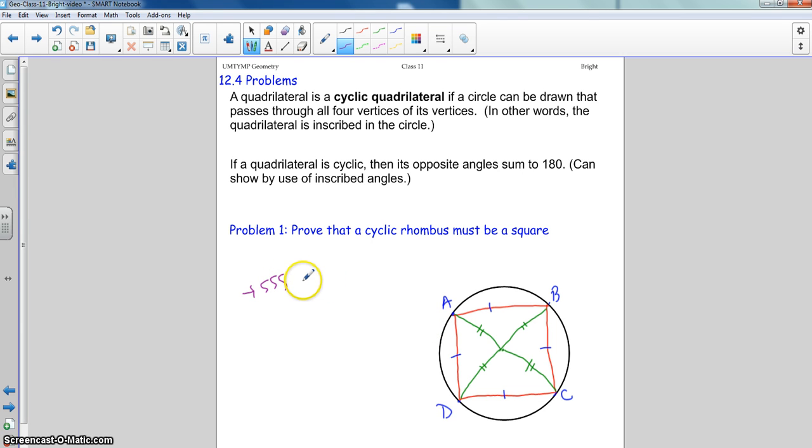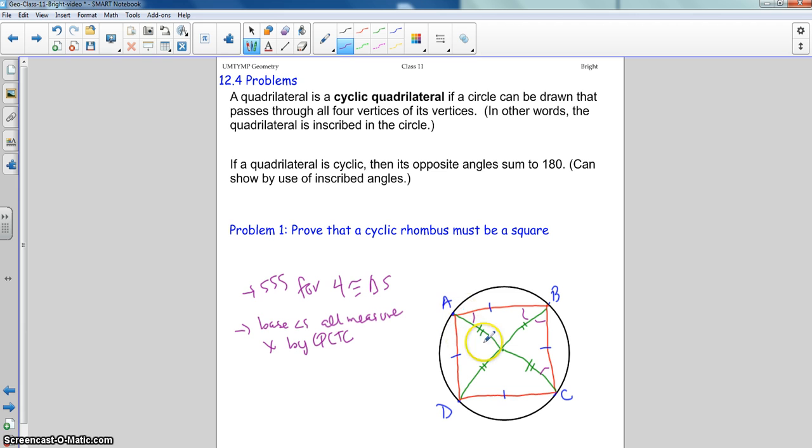Side, side, side for congruent triangles. We also know that these are all isosceles, so all these base angles would have the same measure. Let's see, I'll call it x, by CPCTC.